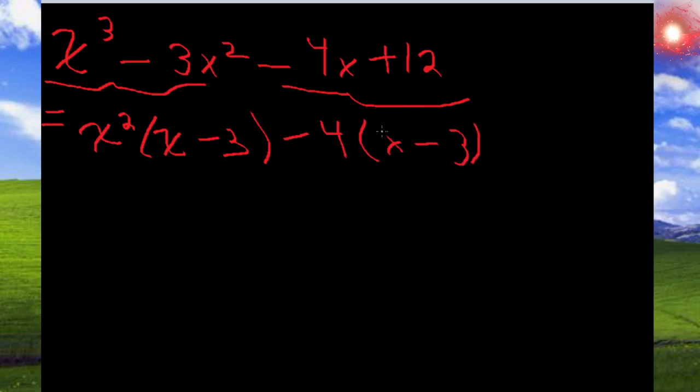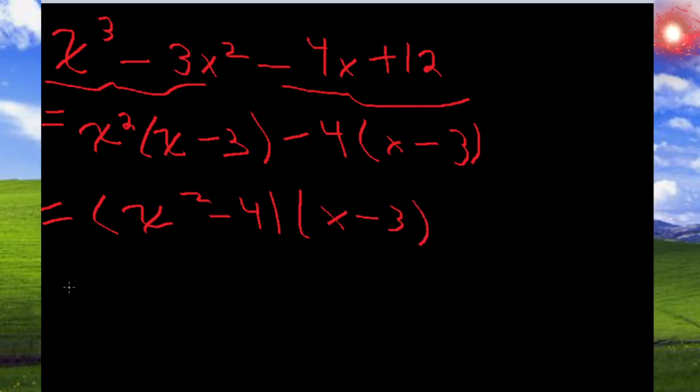Do you guys see how that works? I'm able to factor these two sets in such a way that I get an identical bracket. So this can now be turned into x squared minus 4 times x minus 3.